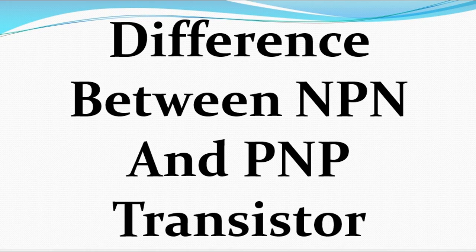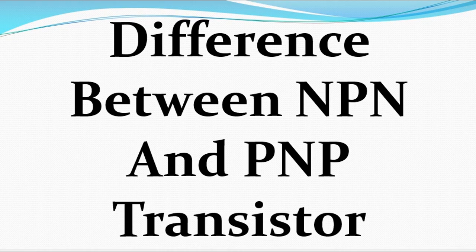One of the major differences between the NPN and PNP transistor is that in the NPN transistor, the current flows from collector to emitter when the positive supply is given to the base.